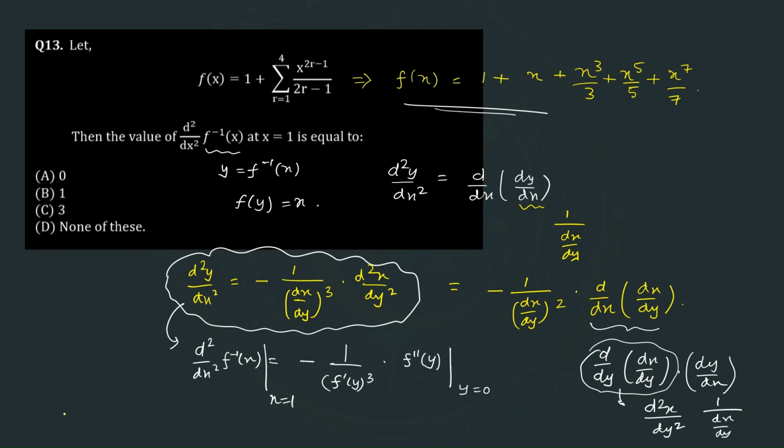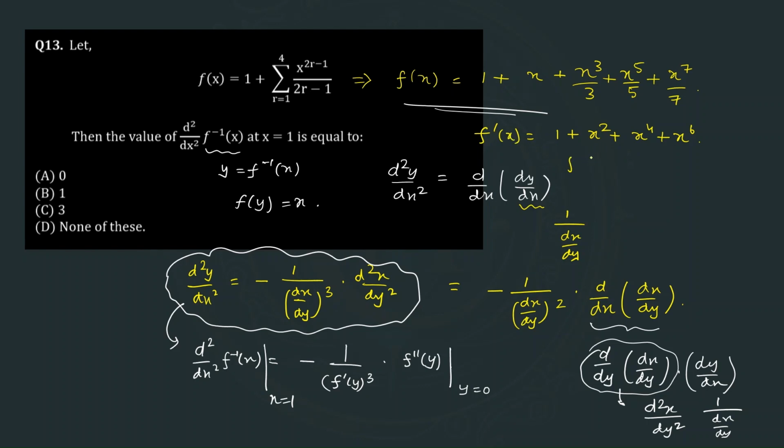Now we need to simply find the derivative of this function and double derivative of this function at y equal to 0. So f dash of y will be 1 plus x square plus x to the power 4 plus x to the power 6. Sorry, this will be f dash x by the way.